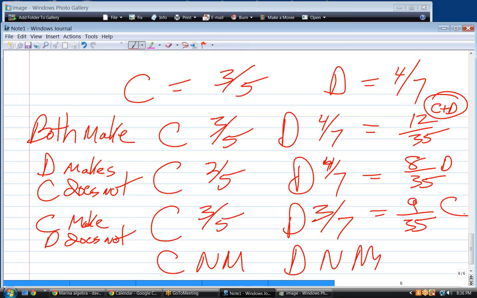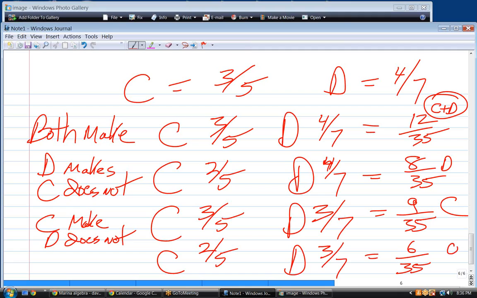That's C making it. And finally, the last case is neither one of them making it, which is 2/5 times 3/7, which is 6/35. And the sum of those probabilities should add to 1.